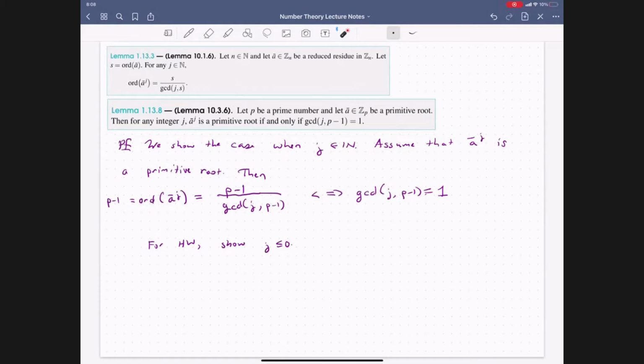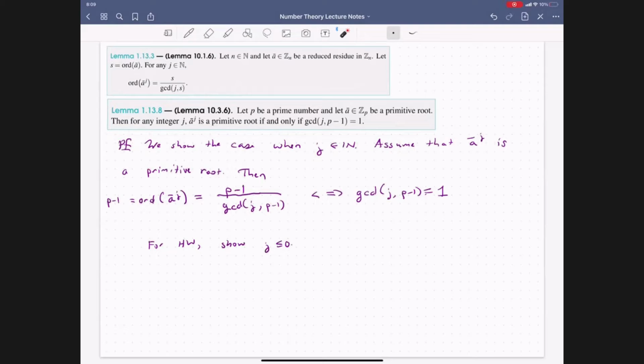And so what you want to do for that case is consider how the multiplicative inverse of a to the j is related to a to the negative j. And so that way you can return it back to this lemma, to the case we just showed.